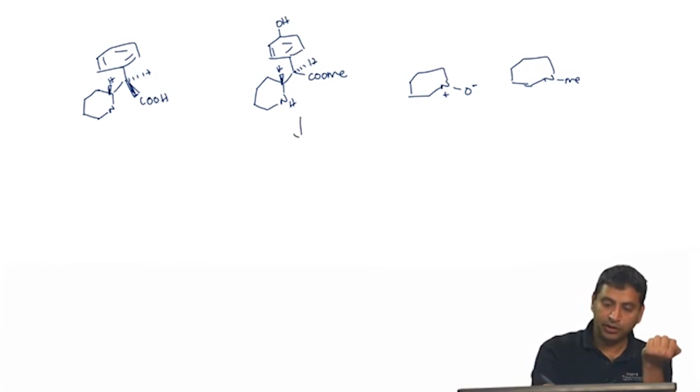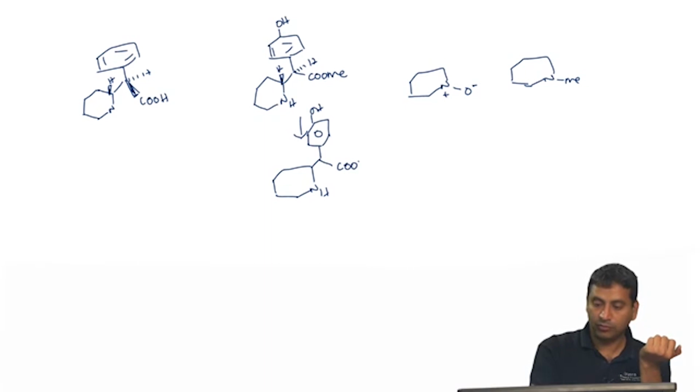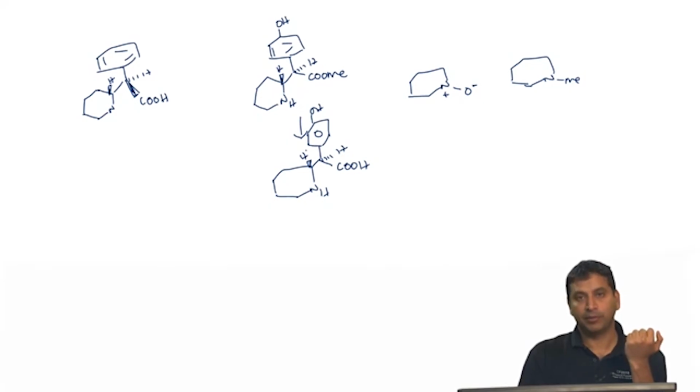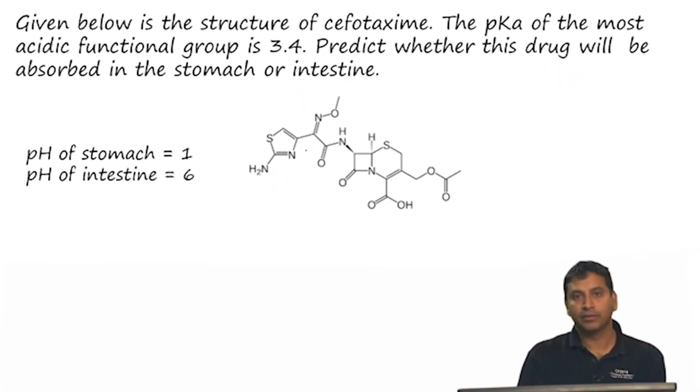For example, if this undergoes ester hydrolysis, then you would generate the phenol remains the same, but this will form COOH, H, the stereocenter perhaps remains the same. Okay. So, what we would expect during metabolism of this drug is some of these products.